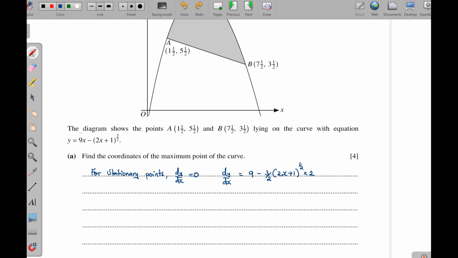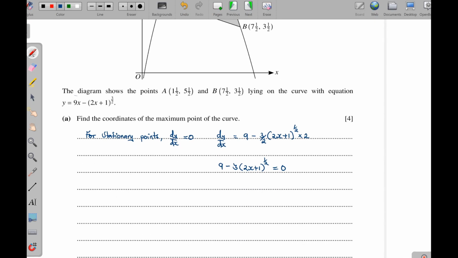That means we shall have 9 then minus 3 into 2x plus 1, that is the dy dx, the power of a half. Okay, then we equate this one to 0. And then from there I can have a 9, then take this one this side, 2x plus 1, then power half.